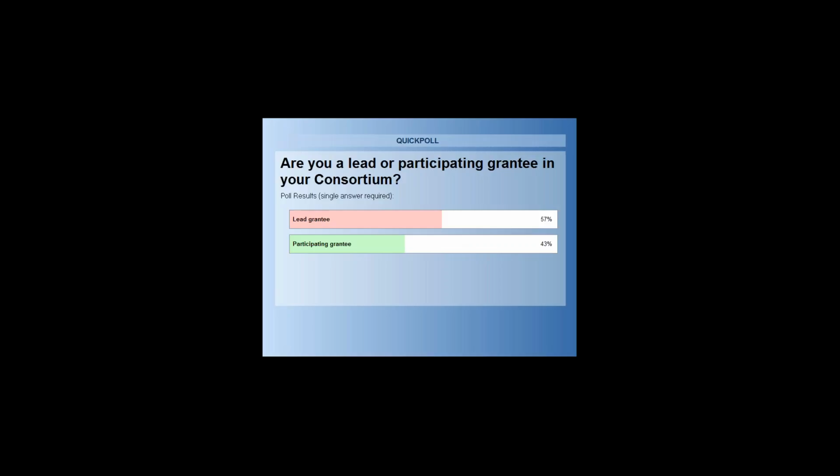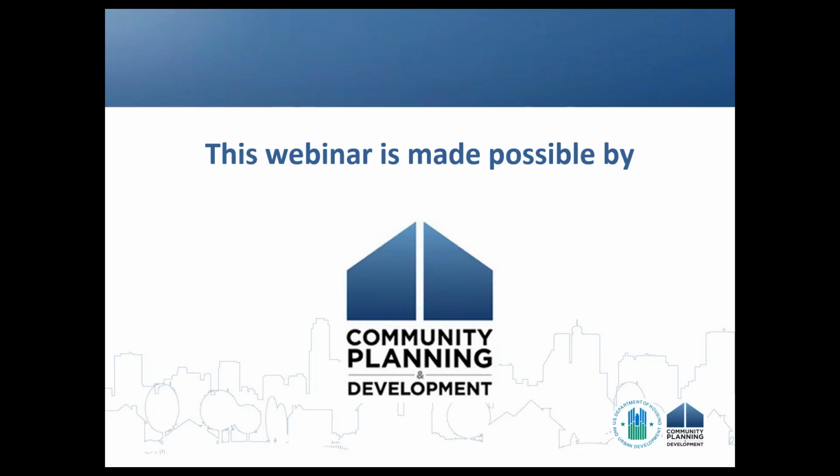Okay, so the results we show now are a little over half, 57% of the participants are lead grantees, and another 43% are participating grantees. Great. So now let's look at the second poll question. If you could load that up, please.